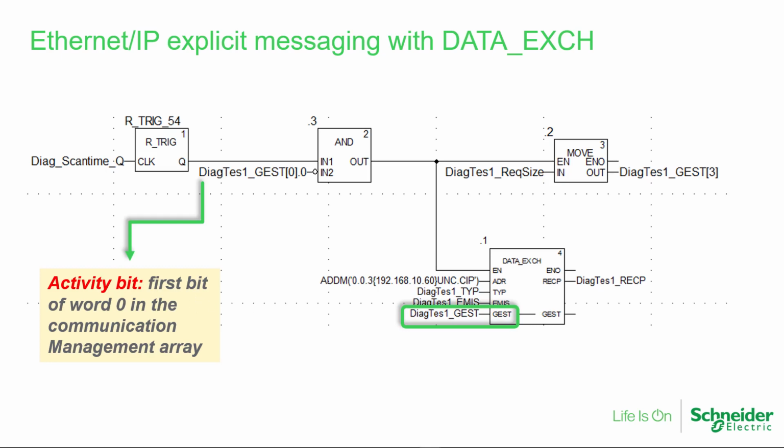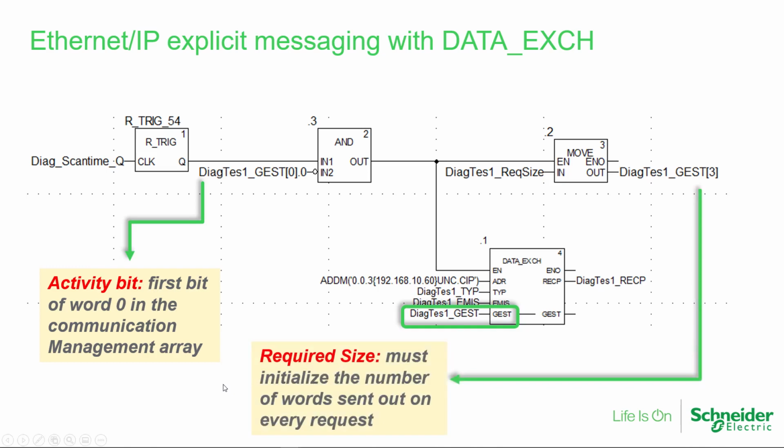Secondly, when using the data exchange function block, there's a very important structure that is connected to the very bottom pin. Here's where we will manage parameters such as the timeout for the communications of the function block, and every time it's going to be triggered or initialized, we need to move a value into one of the words of that array or structure, indicating the number of words that's going to be sent out in the query of the data exchange function block.